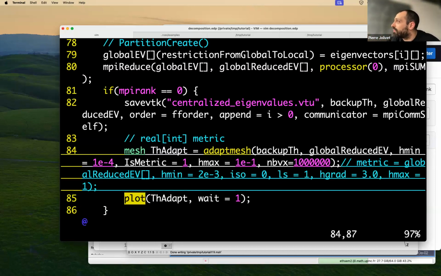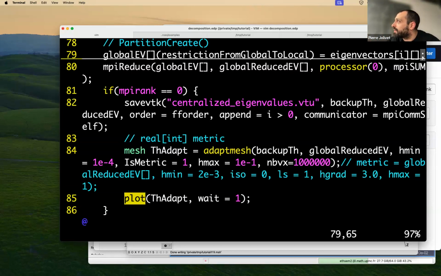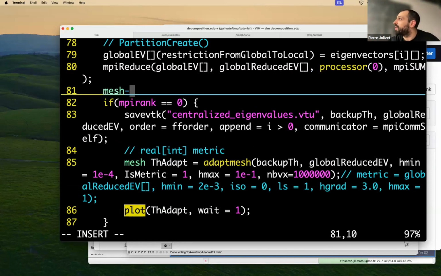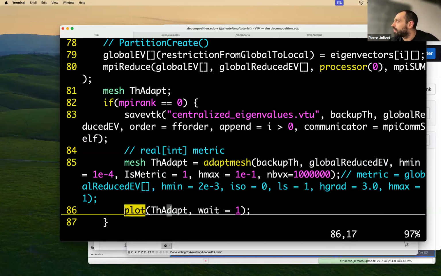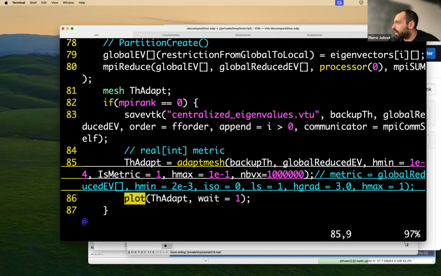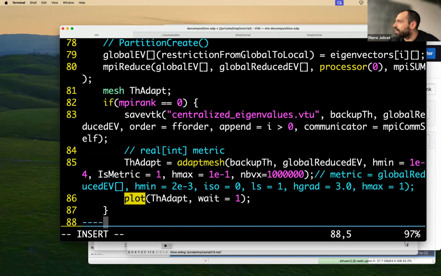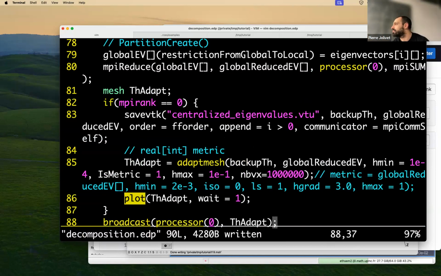You can do this, for example, like that: mesh th adapt, and then broadcast processor 0 th adapt. Then you can do again createMat, and so on and so forth, on the adapted mesh. You're welcome.